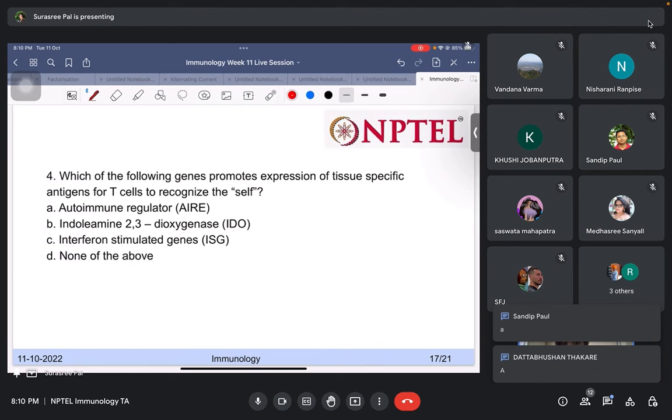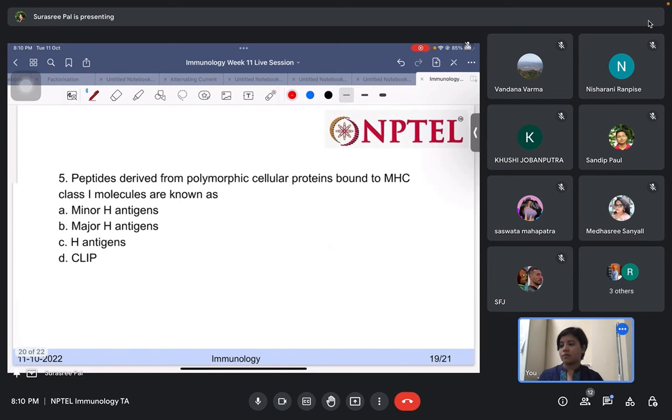Yes. The correct answer is A, the autoimmune regulator gene. And the last question for today.